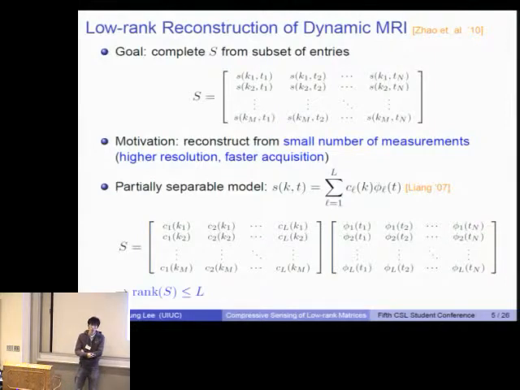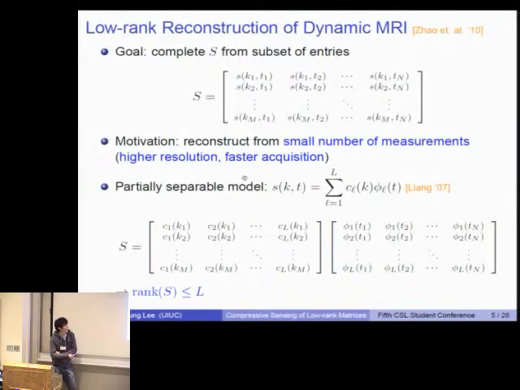Then we need to think about why this matrix has low rank. It is due to the partially separable model proposed by Professor Zhi-Pei Liang in 2007. The signal is decomposed as a summation of products of two separable functions. The first function is only dependent on k, and the second function is only dependent on time t.